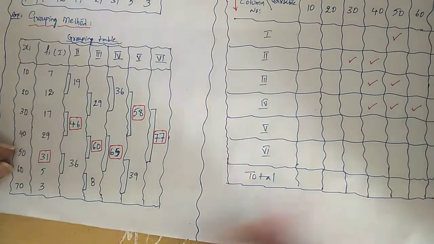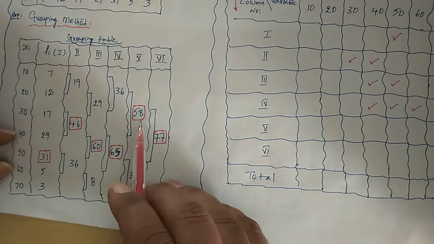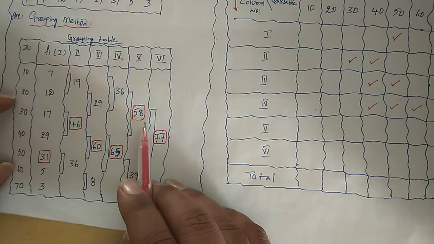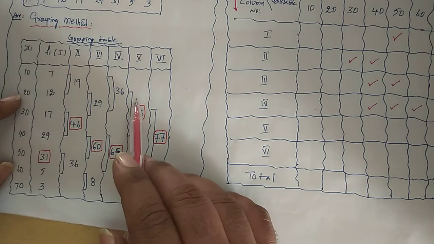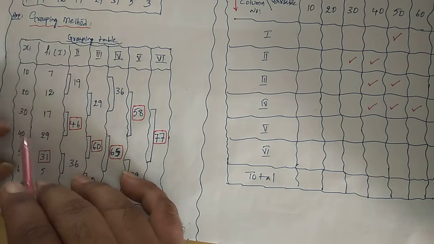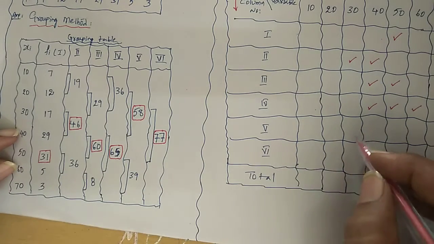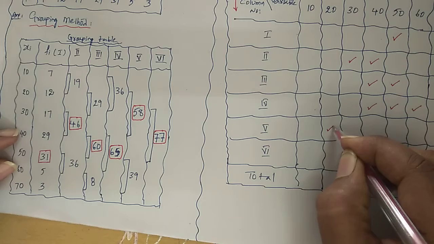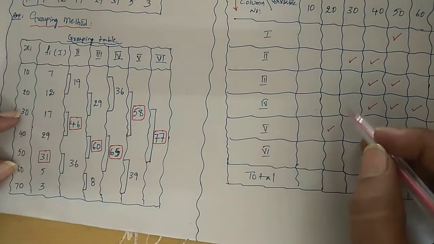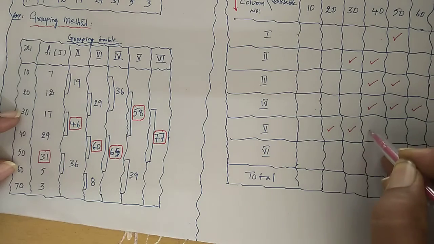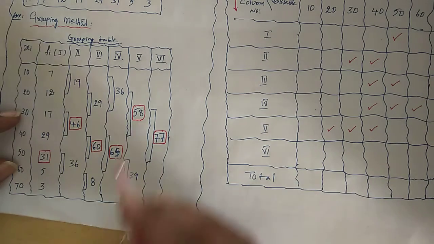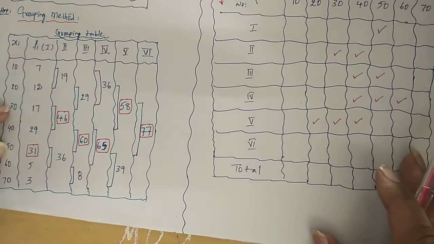Okay. Now the fifth column. Fifth column means what? By leaving the first element, the remaining three totals, which correspond to 12, 17, 19. That means 20, 30, 40. In the fifth column, wherever 20 is there, a tick mark. Now next 30, 40. Now next we go for the last column, sixth column.